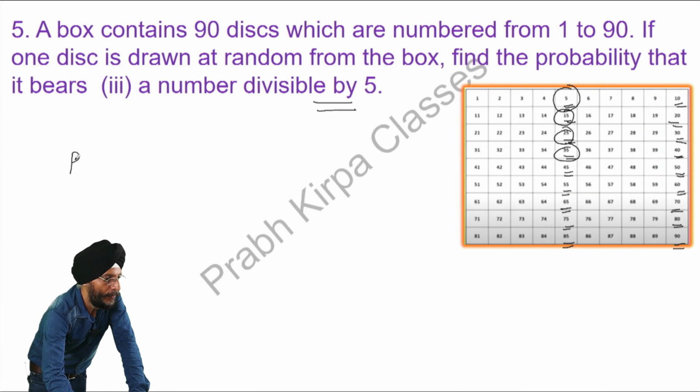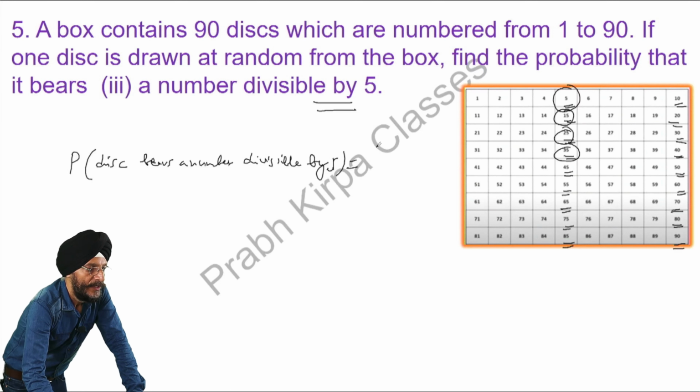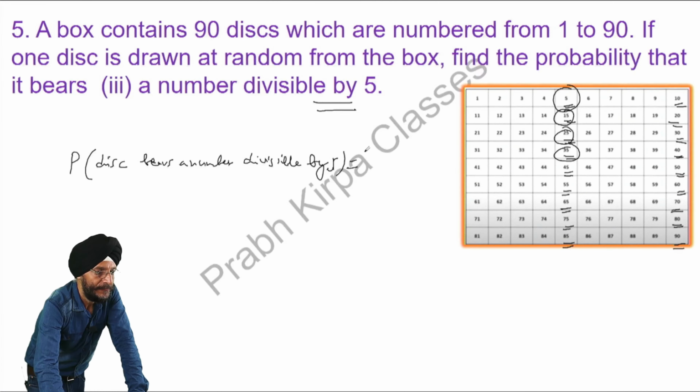So the probability that the disc bears a number divisible by 5 is equal to the number of discs having a number divisible by 5, which are 18.